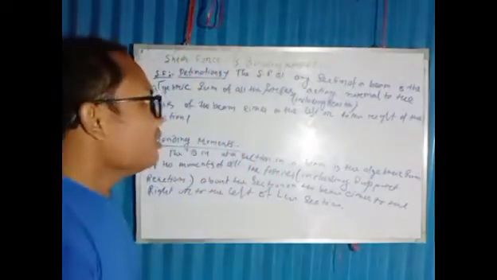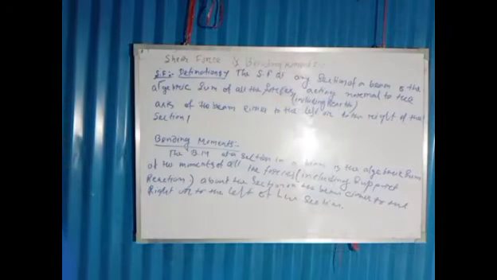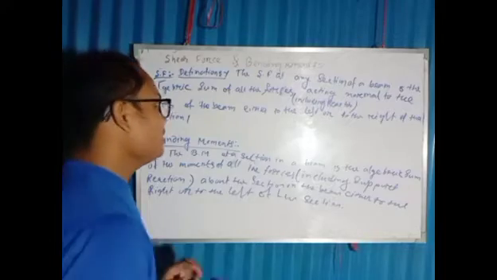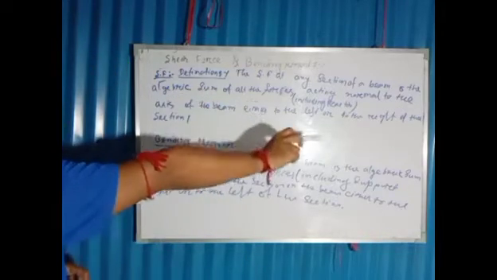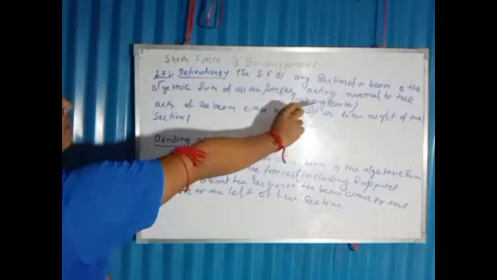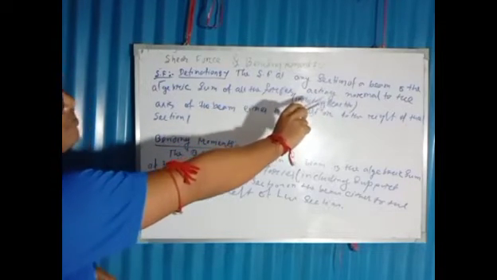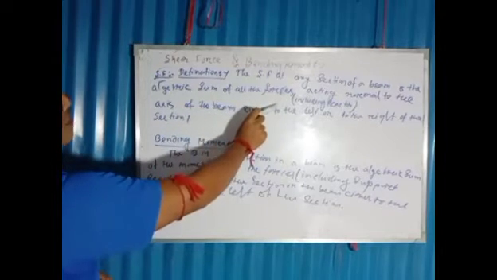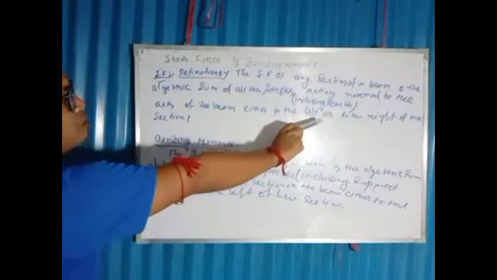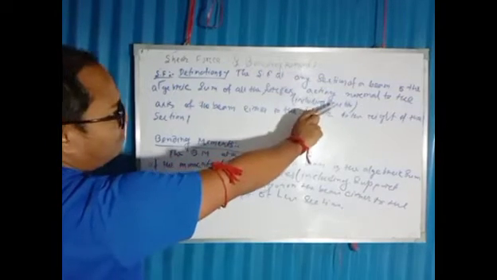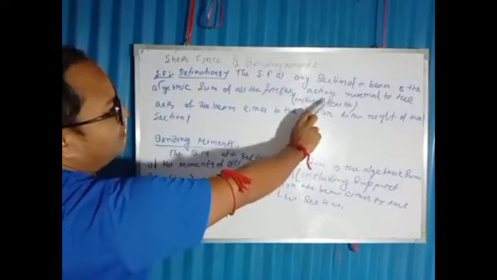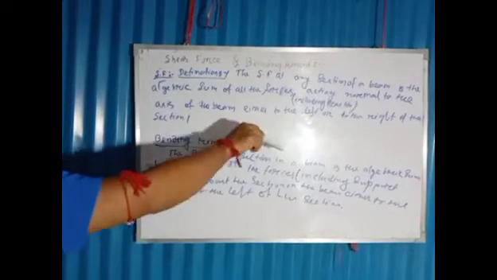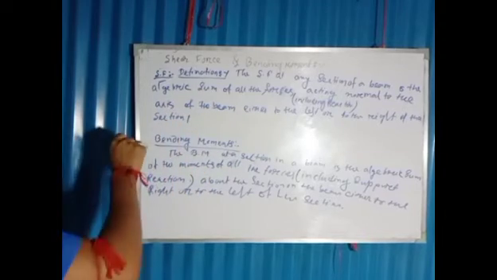So let's go on. First of all, I have to explain what SF is. SF means shear force. What is shear force? The definition is that the SF at any section of a beam is the algebraic sum of all the forces, including the reaction force, acting normal to the axis of the beam, either to the left or to the right of this section.